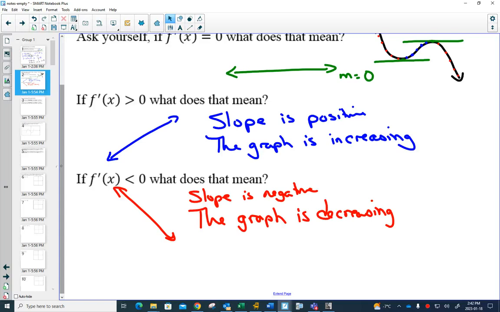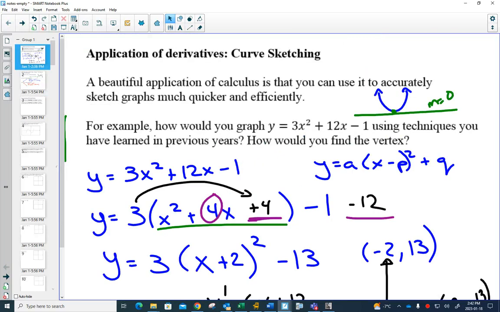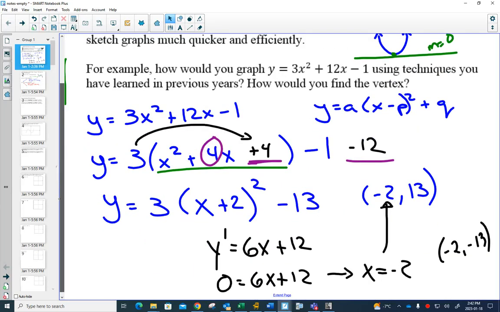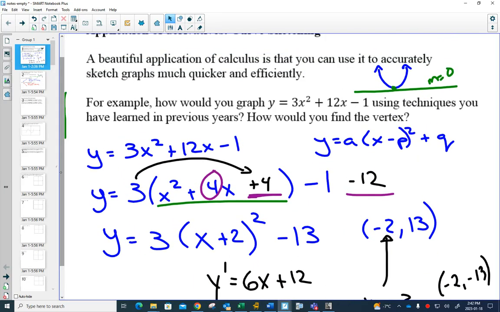So if we go back to our parabola, now, since you know stuff about parabolas, once you found your vertex, you would know that it goes up because the a value is positive. That's something that you've learned in grade 11. You know, some parabolas go up, some parabolas go down. It's all based on what's in front of the x squared.